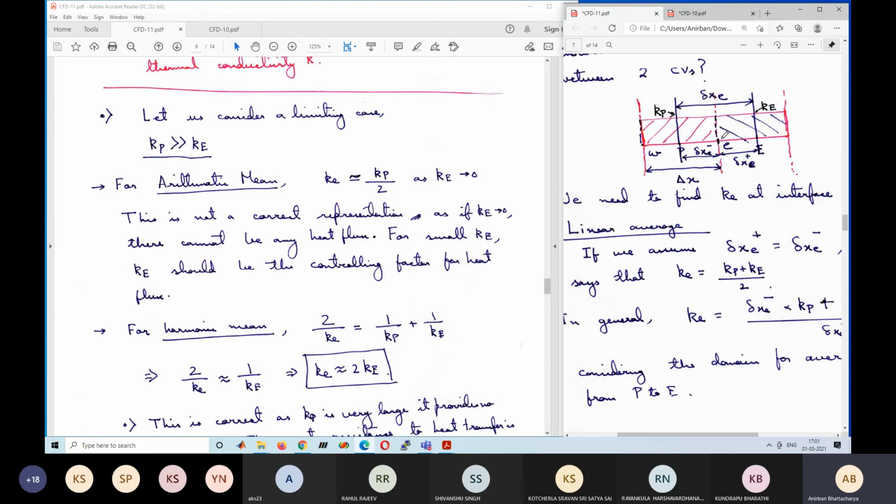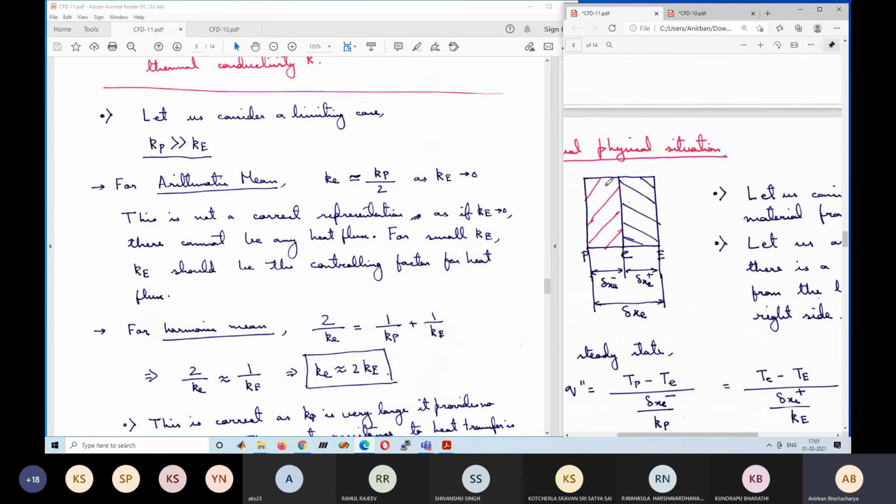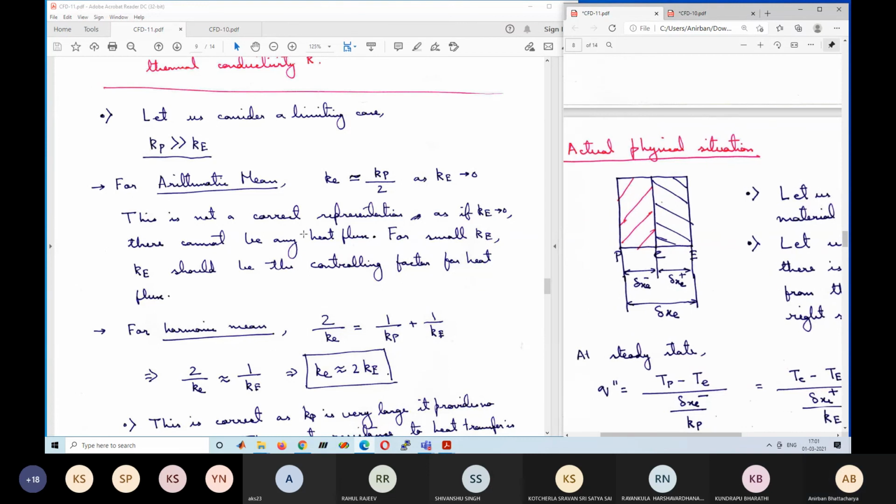Let us consider a limiting case. Let us consider this material, okay, steel, or this composite material. One of the materials has a very high conductivity. Say this material Kp conductivity is very high, it is metal. On the other side it has a very low conductivity like wood or some other material with a very low conductivity, like an insulator.